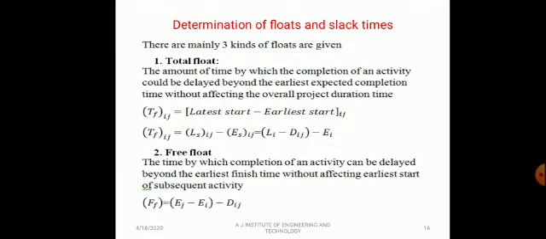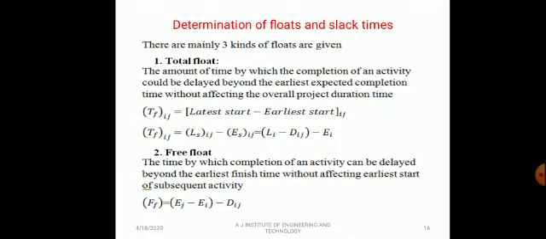In other words, it refers to that portion of the positive total float that can be used by an activity without delaying any succeeding activity. The time by which the completion of an activity can be delayed beyond the earliest finish time without affecting the earliest start of the subsequent activity.